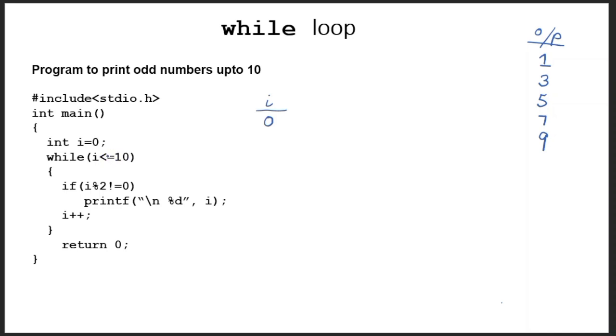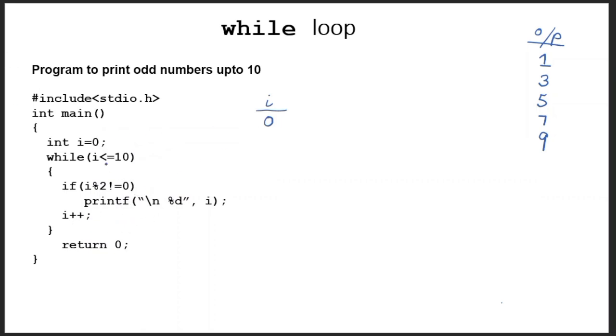As you can see, the while loop is given here, and this is your initialization expression, this is your test expression, and this i plus plus is your update expression. Now we will dry run the code and see how the while loop works.